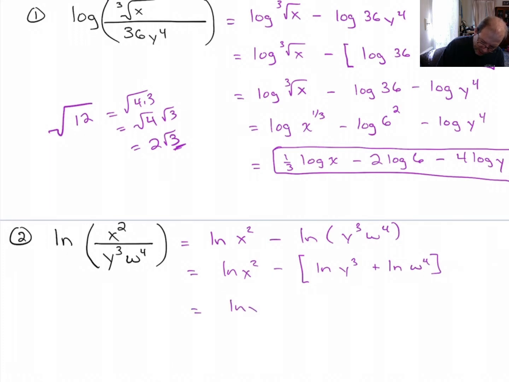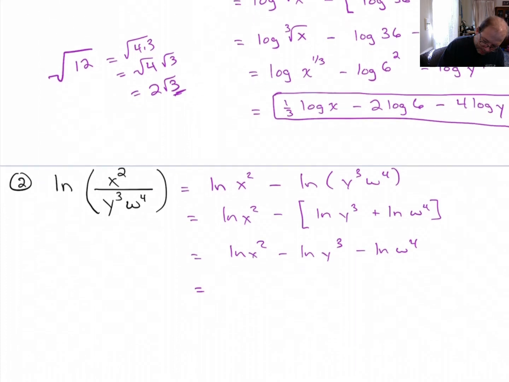When I distribute my negative, I get minus ln y cubed minus ln w to the fourth. So it's 2 ln x minus 3 ln y minus 4 ln w.